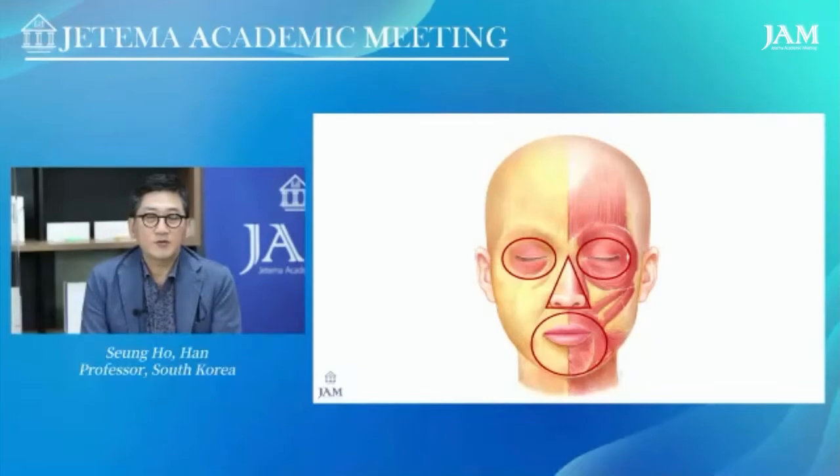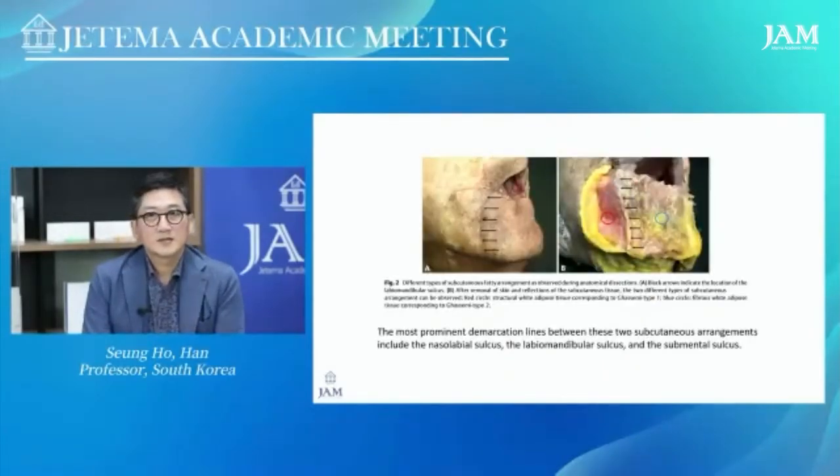The type 2 superficial layer is especially focused on the periorbital, nasal, and perioral areas. So the most prominent demarcation lines, as you know, are the nasolabial fold, labiomandibular sulcus, submental sulcus, and marionette line. This phenomenon makes the result.